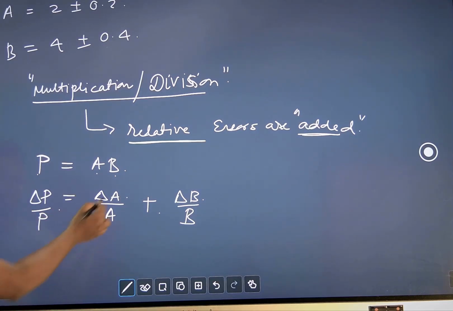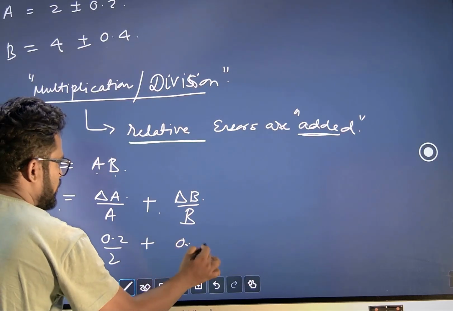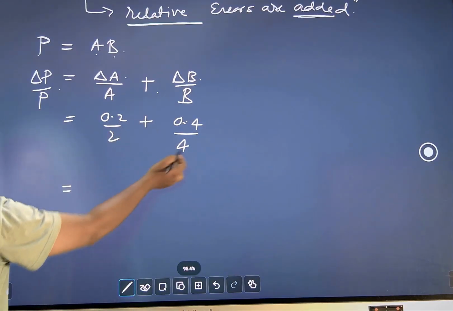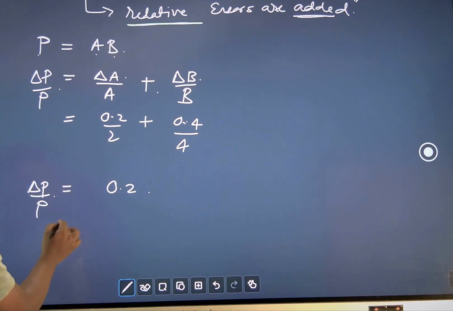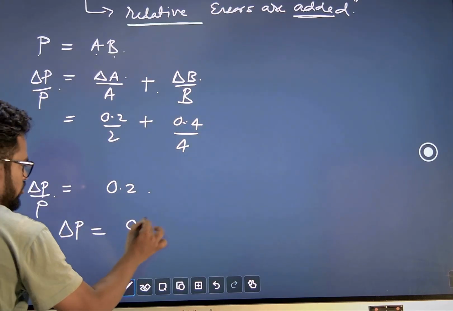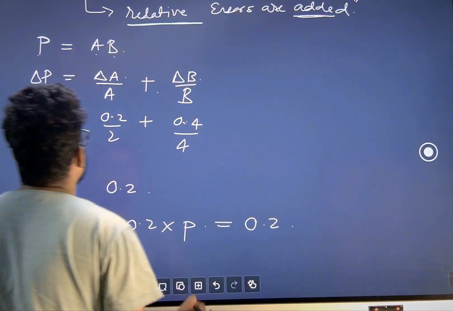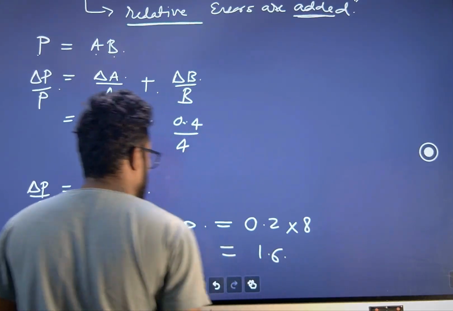So delta P by P, delta A is 0.2 by 2 plus delta B 0.4 by 4. So the calculation is simple: 0.1 plus 0.1 is 0.2. That is the relative error, delta P by P. Clear? If you want to write down the absolute error, it is 0.2 multiplied by the product. 0.2 multiplied by the product 8 is 1.6.